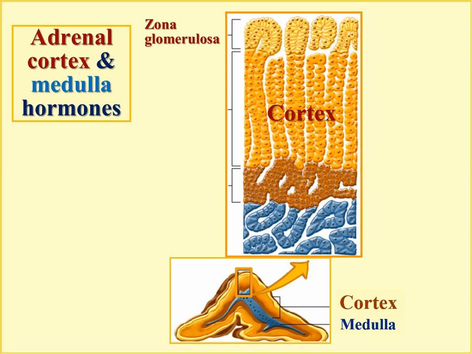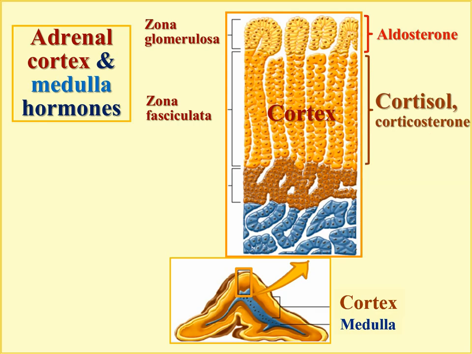In Latin, the upper one is named zona glomerulosa. In English, we say glomerulus zone. This is a rather thin and most superficial layer. This zone produces aldosterone, the main mineralocorticoid. The name mineralocorticoid is useful to remember because you easily remember that it influences minerals, not metabolic processes. Then the second layer, much thicker, the middle layer, is the fasciculate zone, or Latin zona fasciculata.